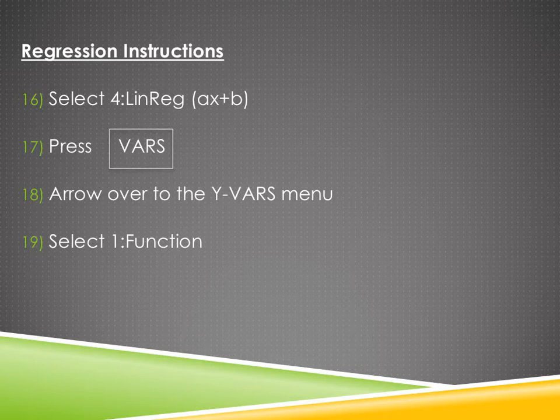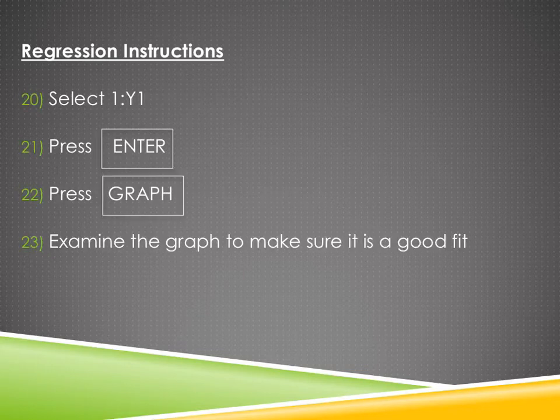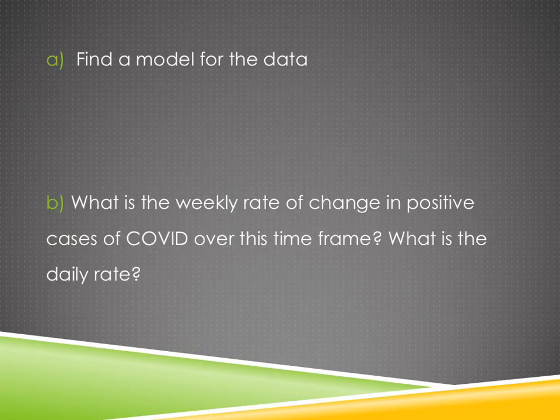If I press enter now, what will happen is that it will create the equation in my regular screen. It'll look a little bit funny. It'll say y equals ax plus b, a is this, b is this. But if you hit y equals, like go back into the menu, it will actually create the equation for you, all put together.